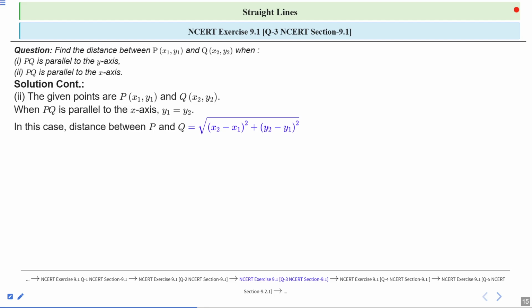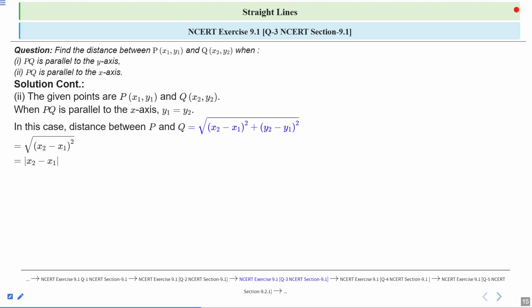So simply we will get the distance between P and Q equal to the square root of (x2 minus x1) whole square, and this is equal to the modulus value of x2 minus x1.